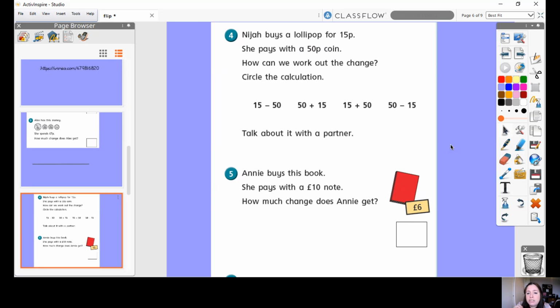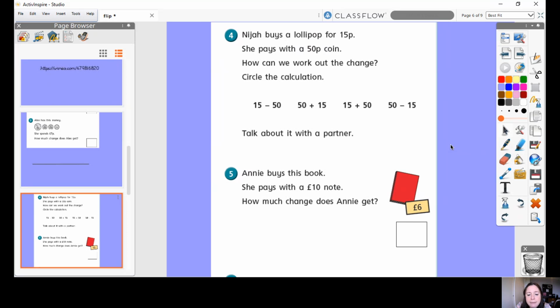So which coin is she going to give to the shopkeeper? Once you know that, you're going to know how much we need to, is it add or take away? Hope you're watching in the video. And then you should know which way around it goes. So have a little think about that one. And then it says put a circle around the calculation that you think shows the correct working.